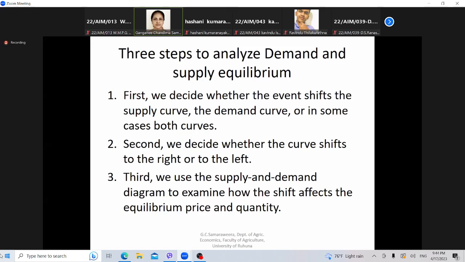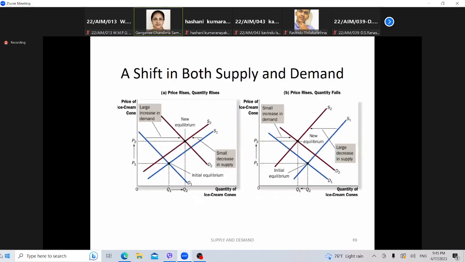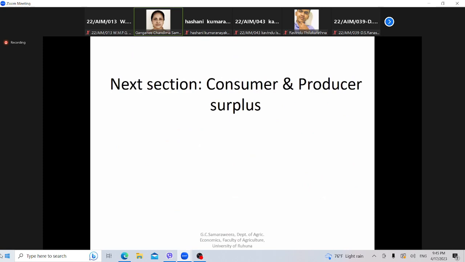Third, use supply and demand diagrams to examine how the shift affects the equilibrium price and quantity. So here it explains the initial supply curves, initial quantity demanded, then after shifting, what is the equilibrium price and quantity demanded.